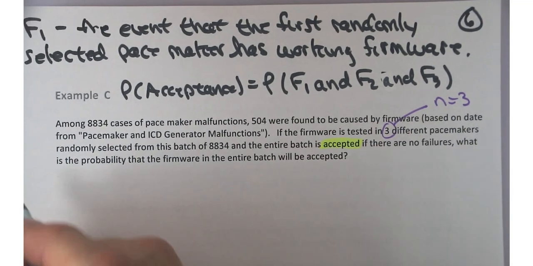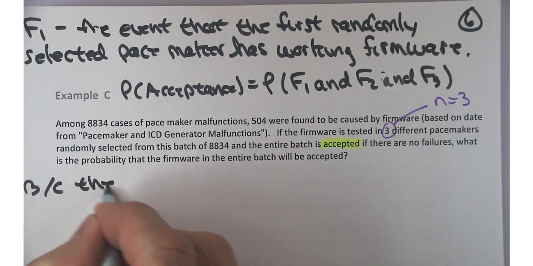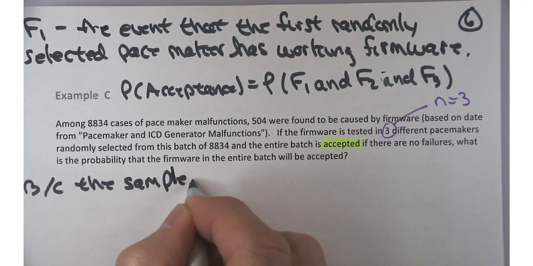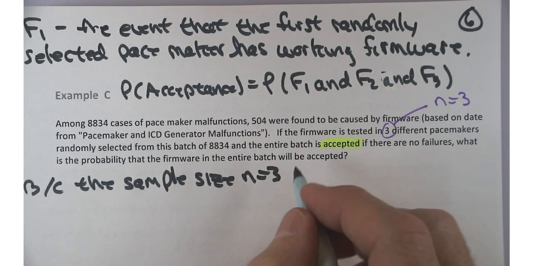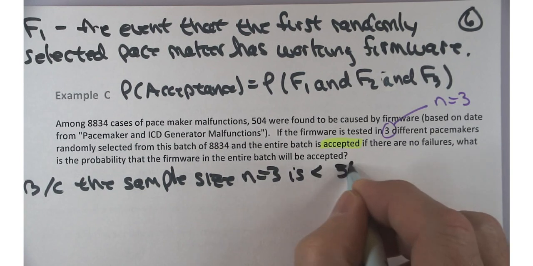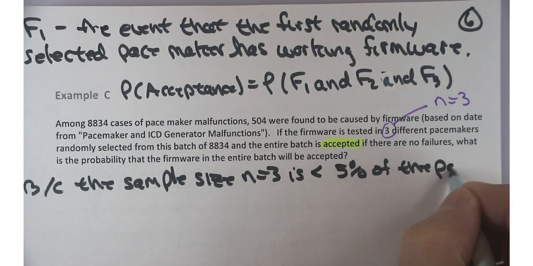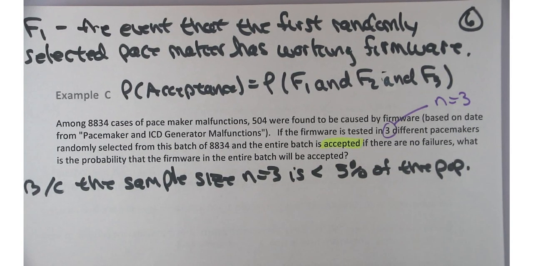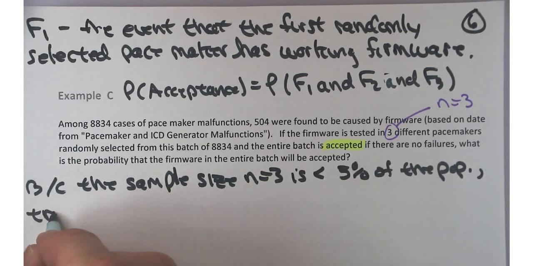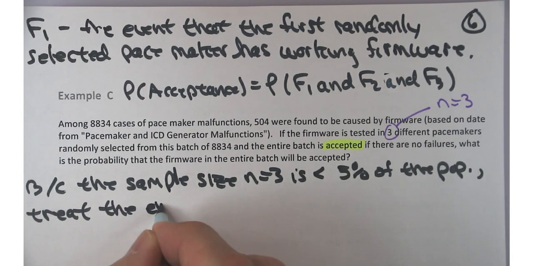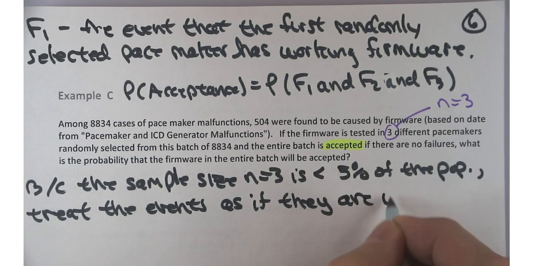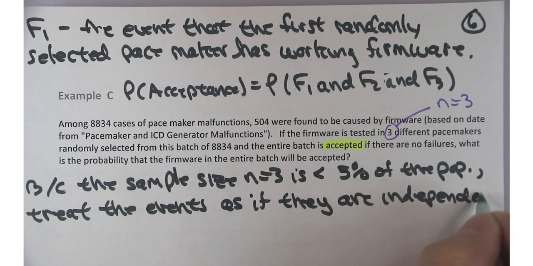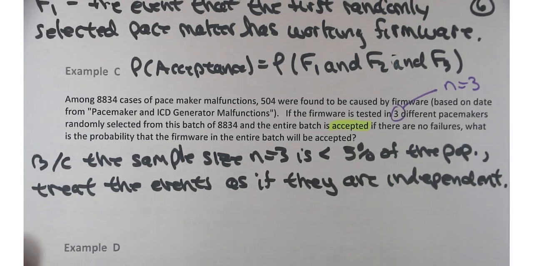But because the sample size of n equals 3 is less than 5% of the population, you can treat the events as if they are independent. And that makes a nice difference to your calculation.